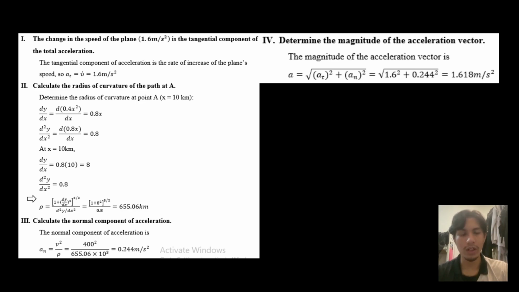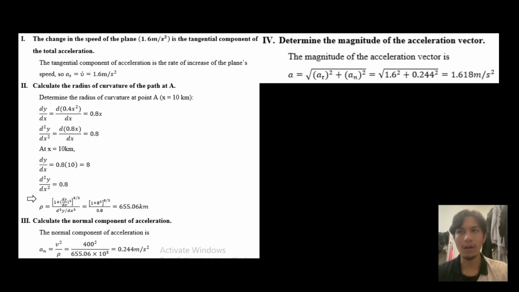After that, we differentiate again, which is d squared y over dx squared, and we got the answer is 0.8. So when x is 10 km, put the value of x into the equation of dy/dx, and the answer we got is 8.